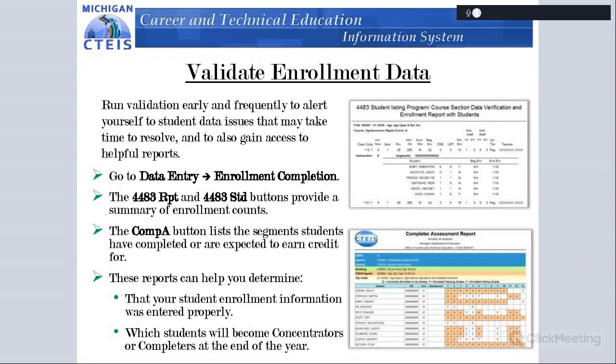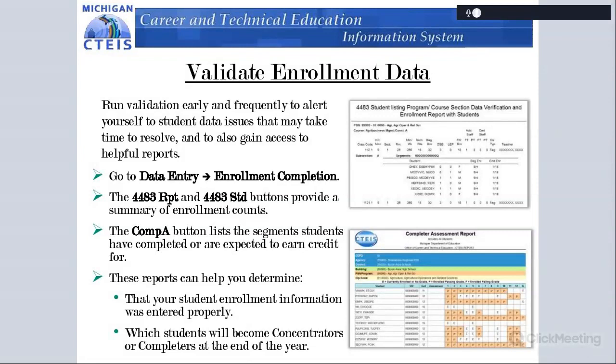We just want to make note that there are changes. As you see on this screen, it says completer assessment report. It's a screenshot. That's going to be changed to student advancement report, I believe is what it's going to be called. So all of this information is changing. Again, that information will be covered in our next training session, so just stay tuned to that.